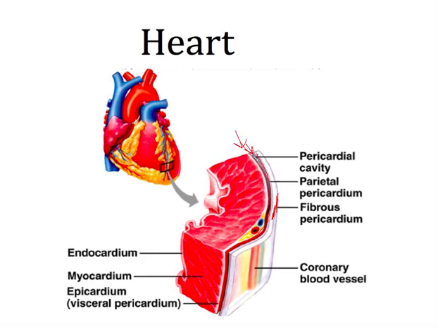This part here is very difficult to tell where one stops and the other begins. It's all kind of the same thing. From your epicardium, we go into this thick muscular layer called the myocardium, and then here we have our endocardium on the inside. Endo referring to the inside, cardium referring to the heart.